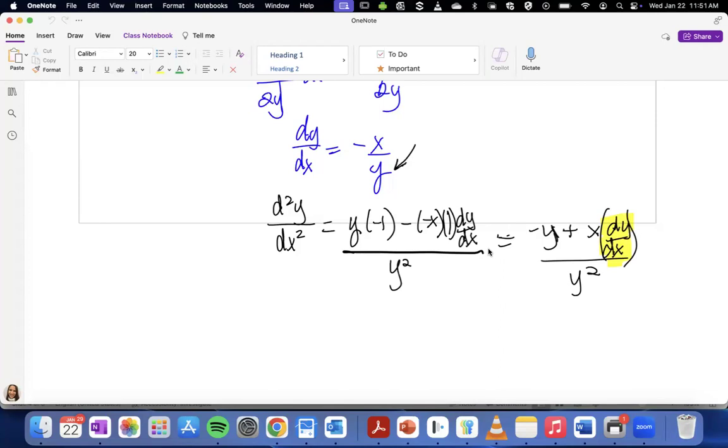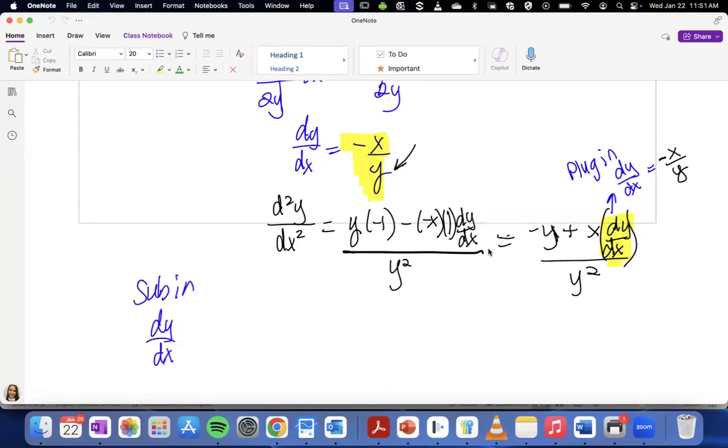So we're going to plug in dy over dx. What did it say dy over dx is? Negative x over y. Does that make sense? So we're doing a substitution. So we're going to sub in dy over dx.